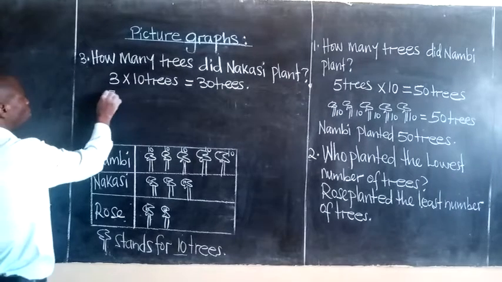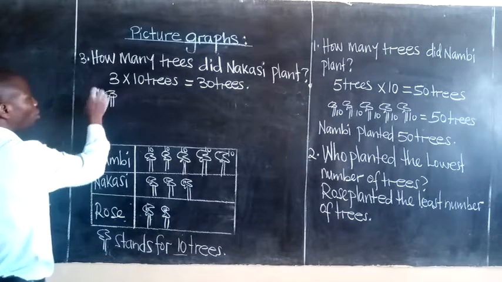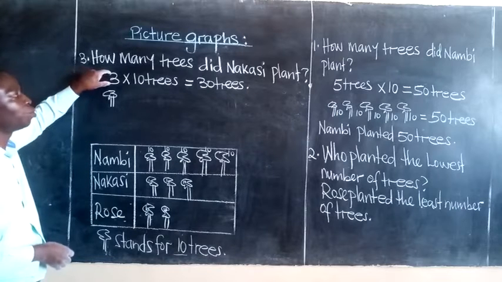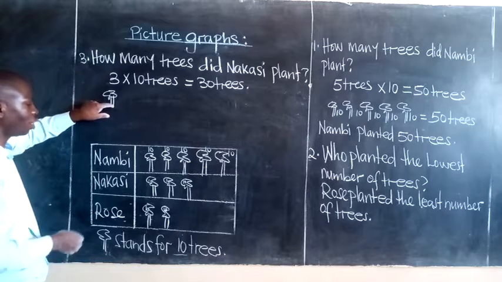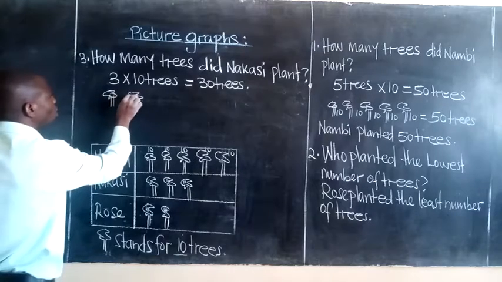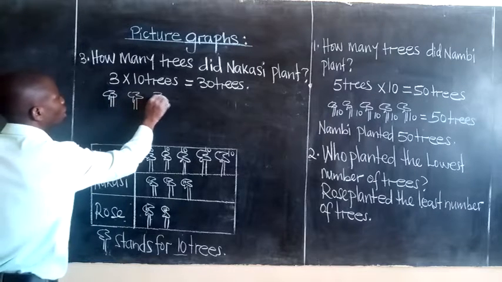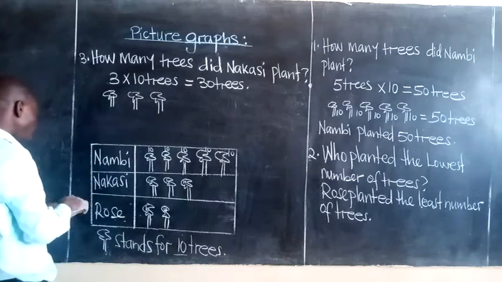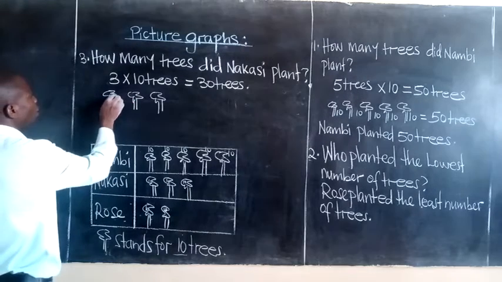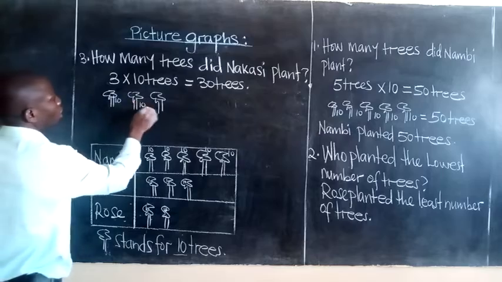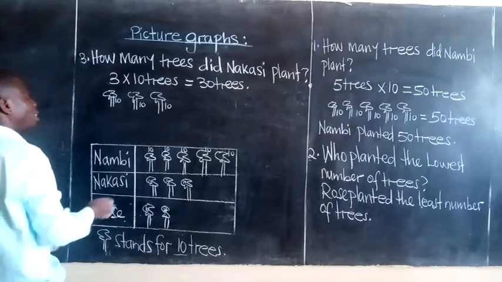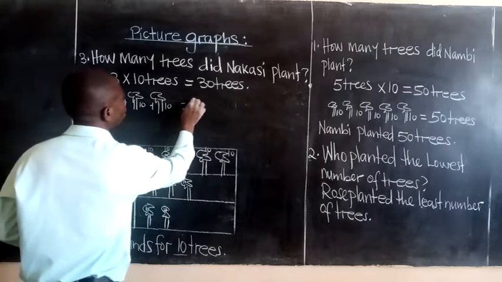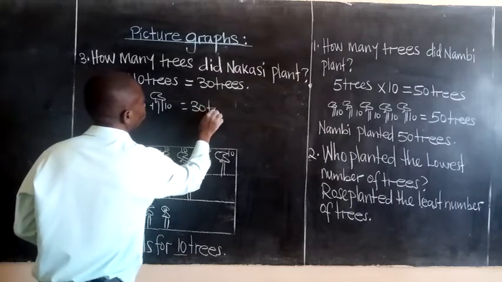So Nakasi planted 30 trees. Or you may still use this method, but not both. You choose one. If you decide to use this, you use that. So this is 10, 10, 10, 10. Once you add, you are going to get 30 trees.